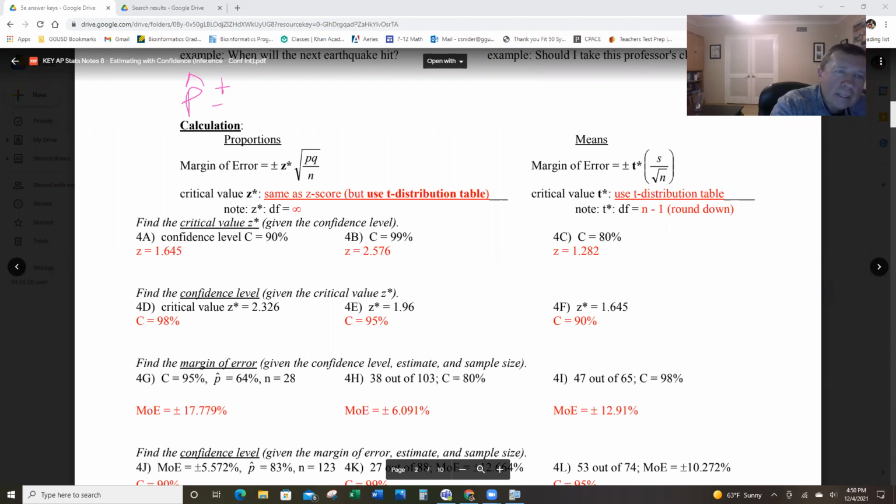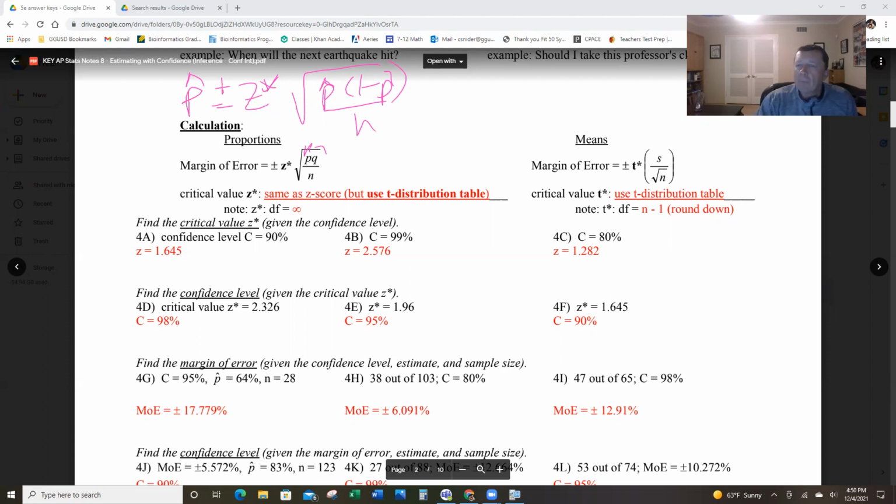Plus or minus z star. Z star is simply how many standard deviations do you want to be on one side or the other of the estimate to cover the possibilities. And this is the square root of p hat times 1 minus p hat over n. So this should be hat and hat.